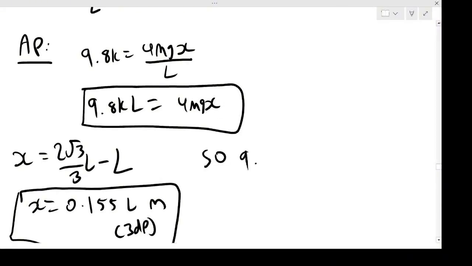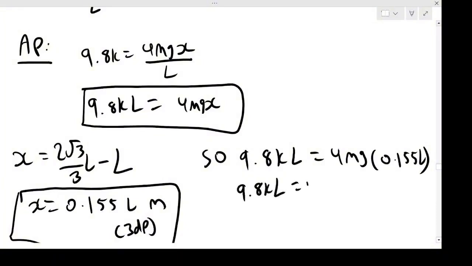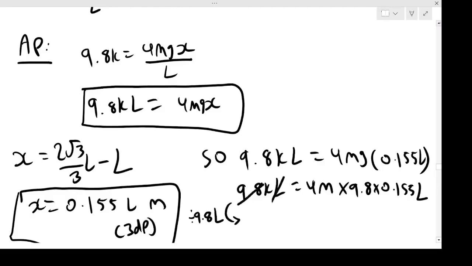That means 9.8K lots of L is going to be 4mg lots of X, which is 0.155L. So 9.8KL is going to be 4m times g, which is 9.8, times 0.155L. Now I can divide by 9.8 lots of L, so I can cancel out 9.8 and L from both sides. That means I just get K to be 4m times 0.155.